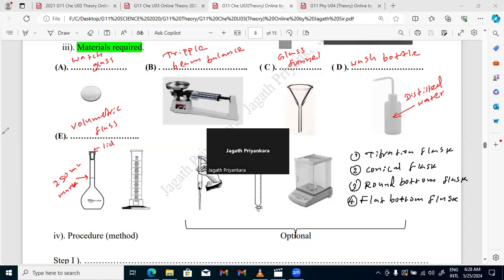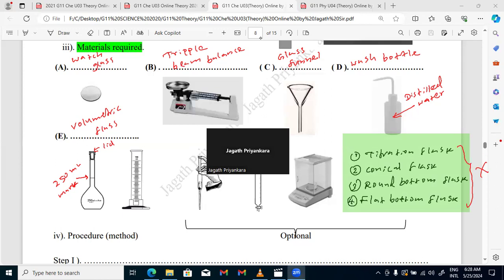These are the different types of flask available in the lab. But you can't use any of these to prepare this solution. Which flask is used? Volumetric flask. Because they can mix that up with the other flasks and ask MCQs in the paper, right?